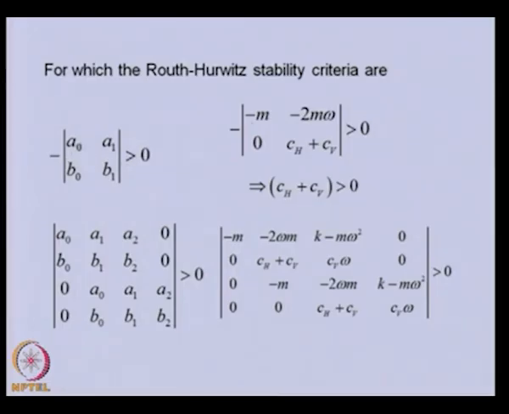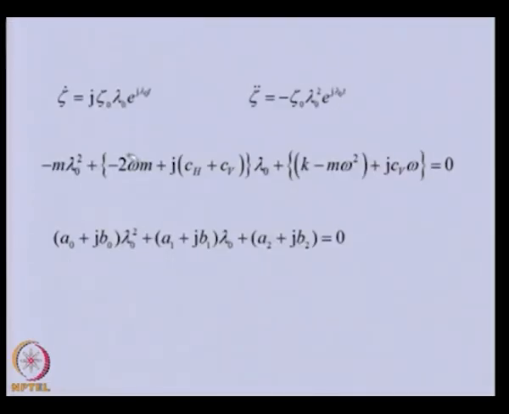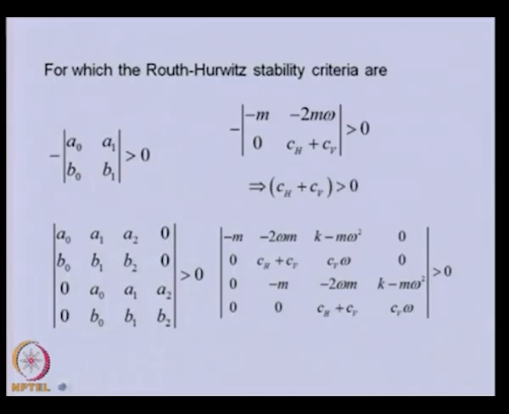If we compare these two equations, we can see that A naught is minus m and B naught is 0. Like that we can compare these two equations and get these A and B coefficients. If we substitute this here, from the first determinant we will get CH plus CV should be greater than 0. This is one condition.